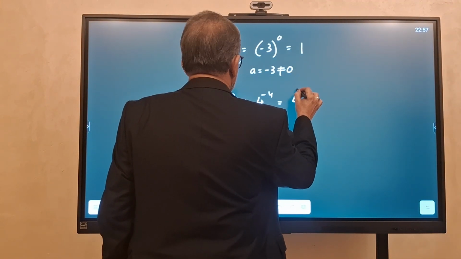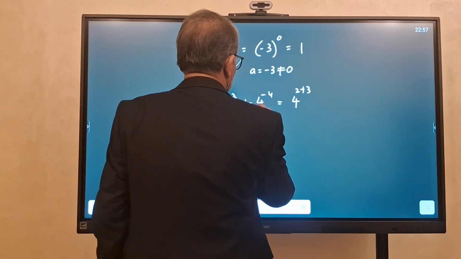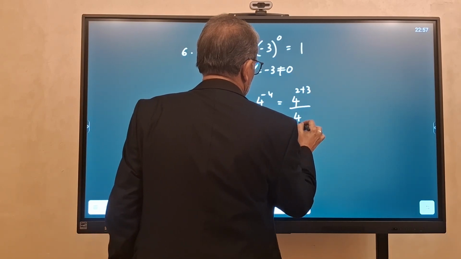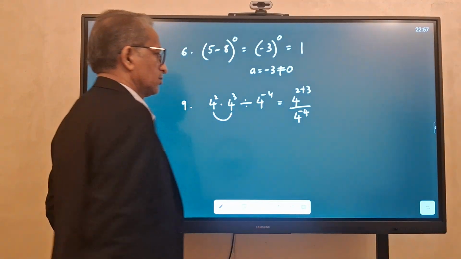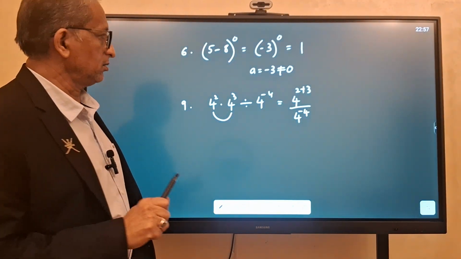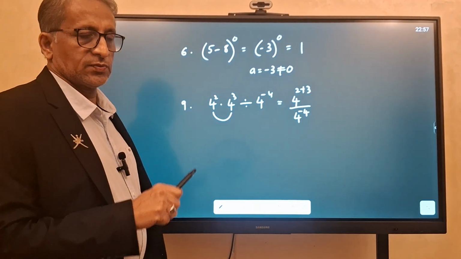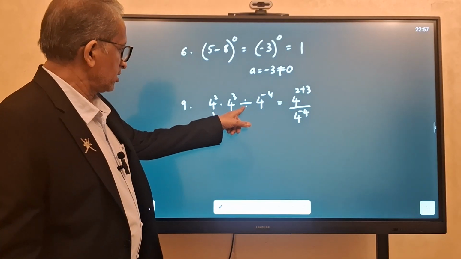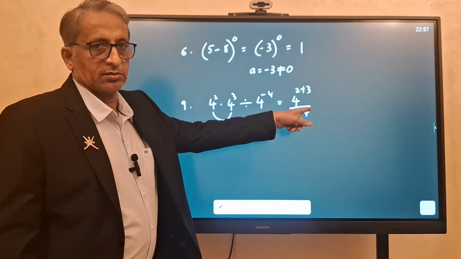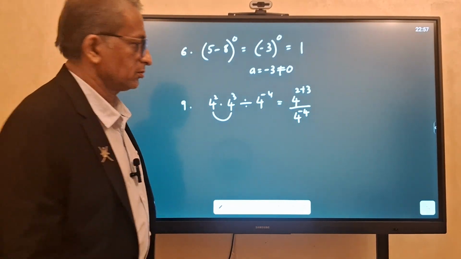So 4 power 2 plus 3, division means it is 4 minus 4. See that? I have not taken 4 to the power minus 4 down. I have just written division means it is like this. So I bring it down.